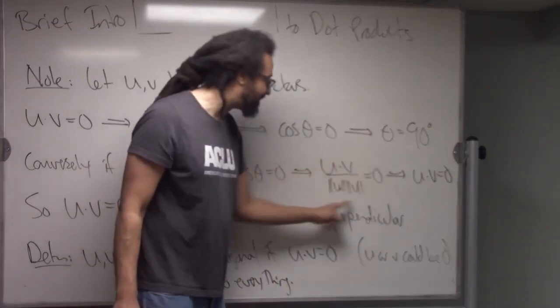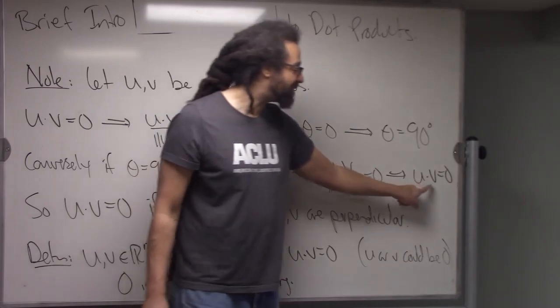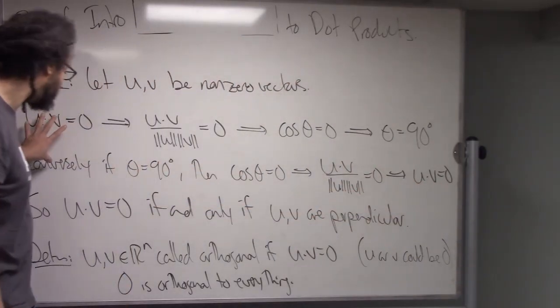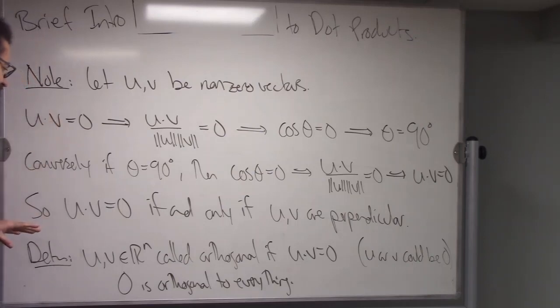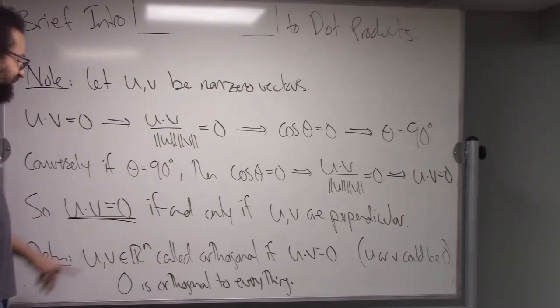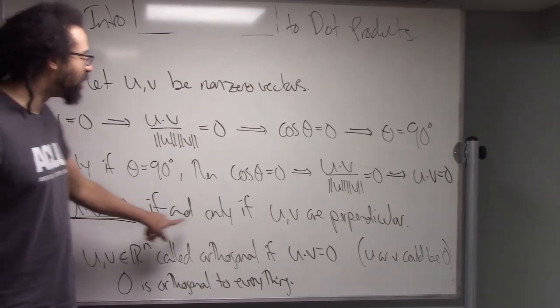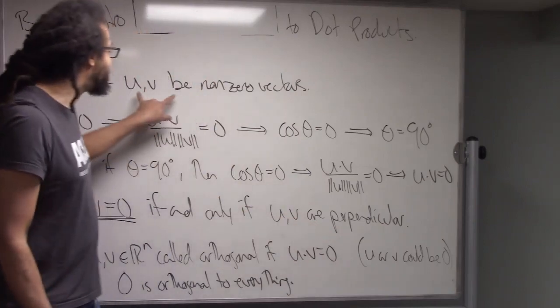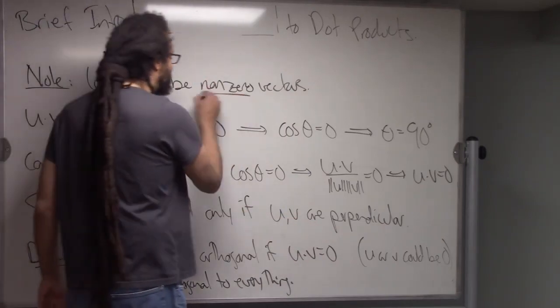And when is a fraction equal to 0? If and only if the numerator is equal to 0. So here's what we can glean from these two lines of reasoning. The dot product between two vectors is 0 if and only if the two vectors u and v are perpendicular. This is true when we've got non-zero vectors.